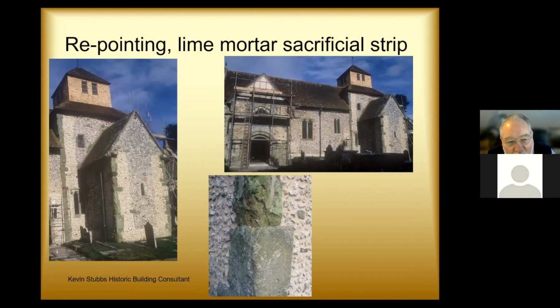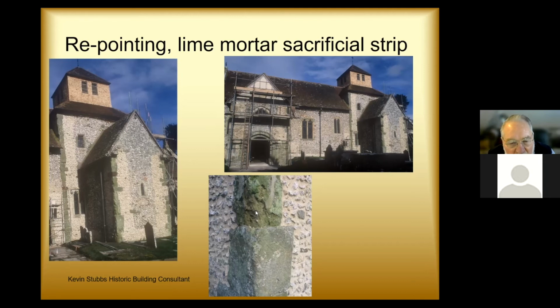And of course, what this has done is concentrate all the problems of salts into these very vulnerable greensand dressings. So the problem was, how could we conserve this material? Because it's late Saxon, you don't want to start replacing it. You can see it was in quite a state.